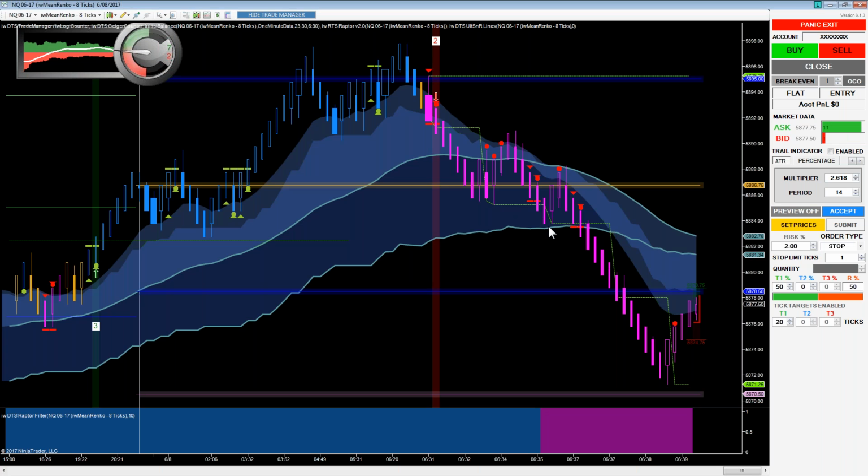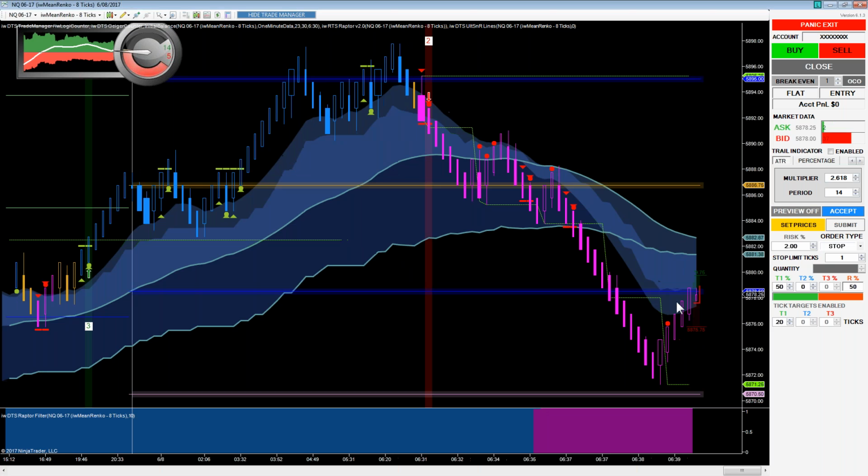If we are going to see a market that is in a downtrend today, we're going to get our cloud crossover signal here shortly. Now, the cloud crossover signal, that's the number 1 signal for the Raptor. That occurs when your clouds cross. So we have a bullish cloud here. The clouds are now stacked in a more bearish fashion.